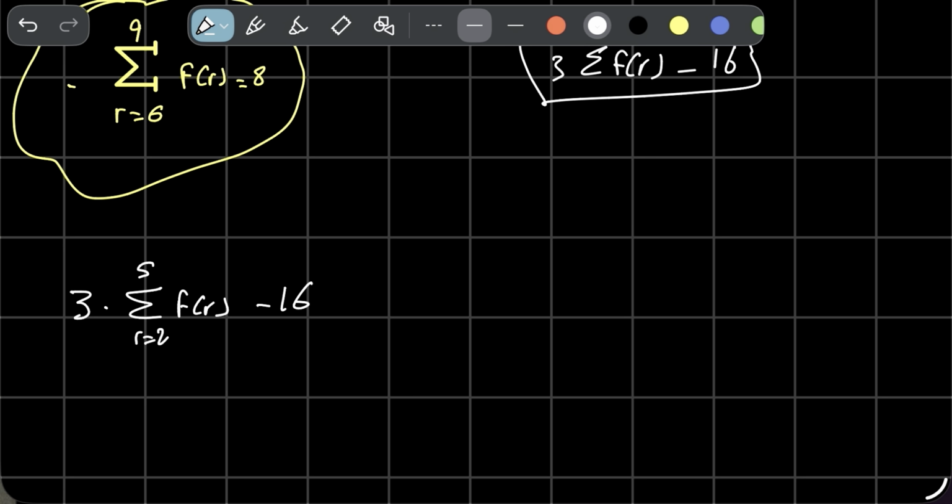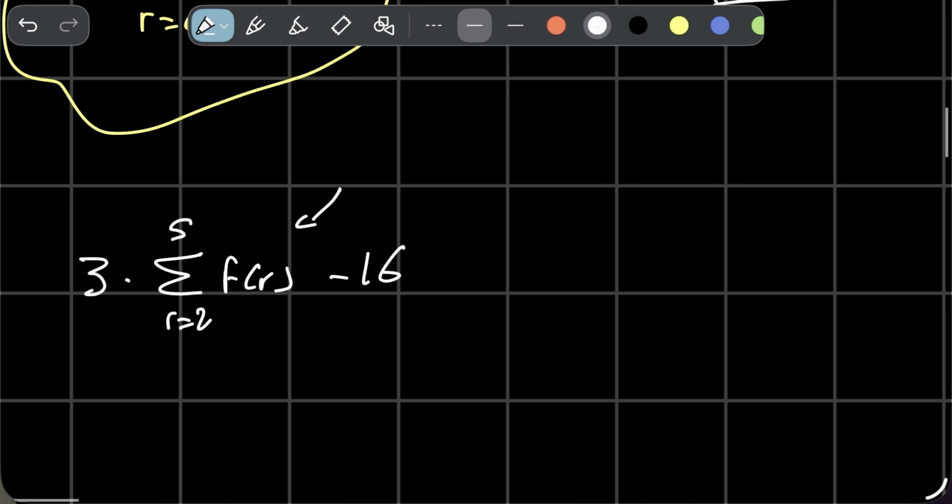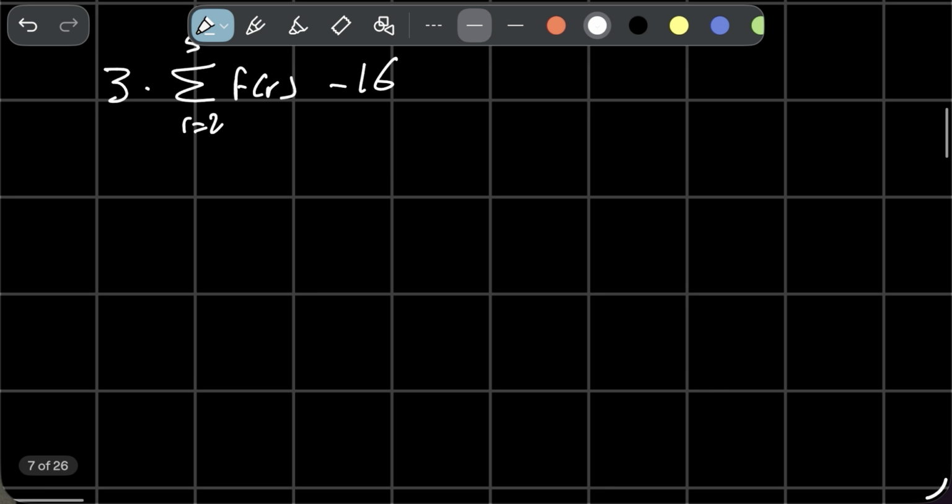Now, the whole question is about this term. How would we evaluate this mysterious term? If you notice here, we have different terms: we have 2 here and 6 there. So let's try to arrange them. What we want is this one.